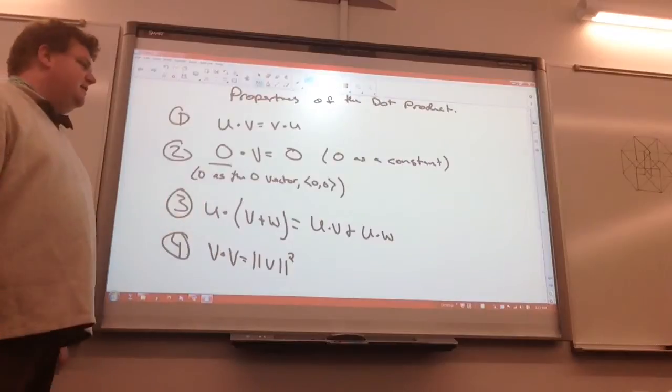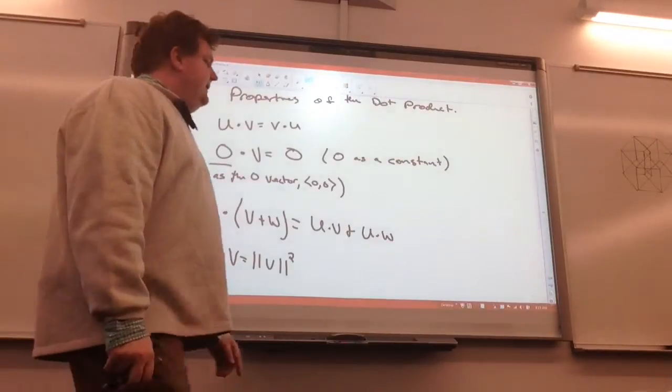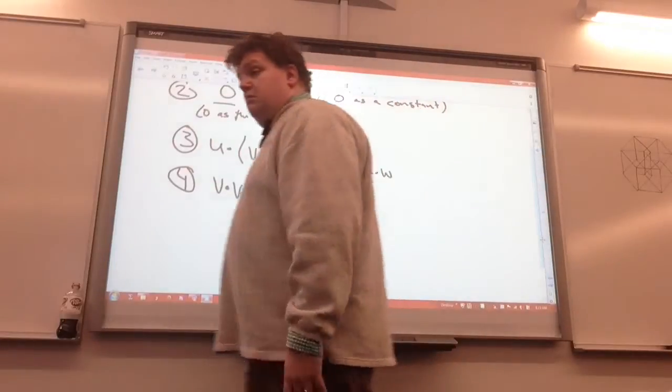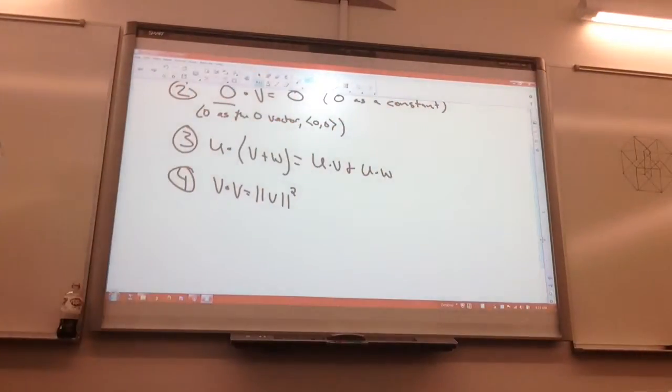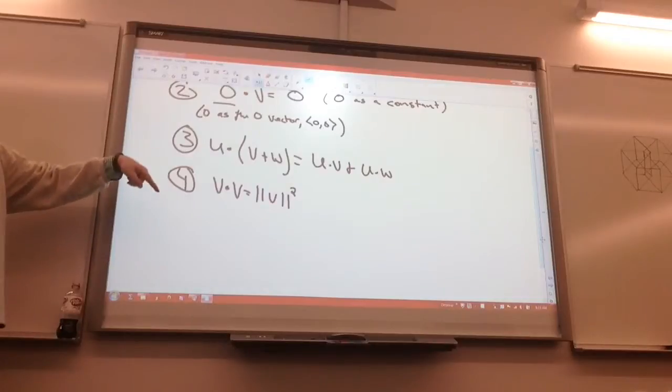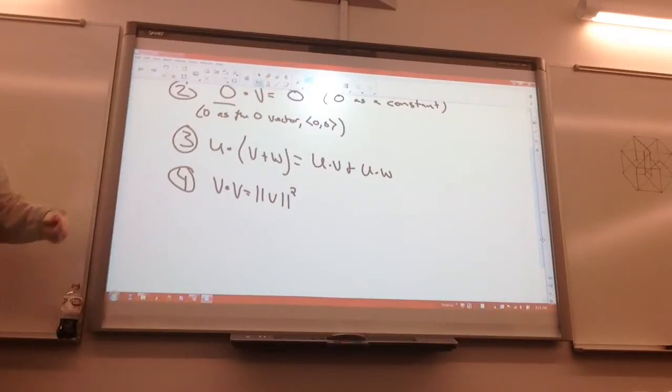So it'd be the magnitude squared. Wait, is this two vectors dotted together, or two dot products together? It's a simple dot product of a vector with itself, v dot v. So it's one dot product, but it's the same vector in both. Yes.